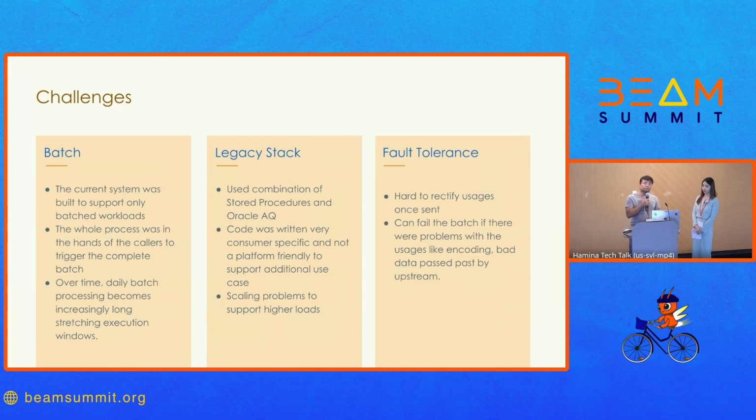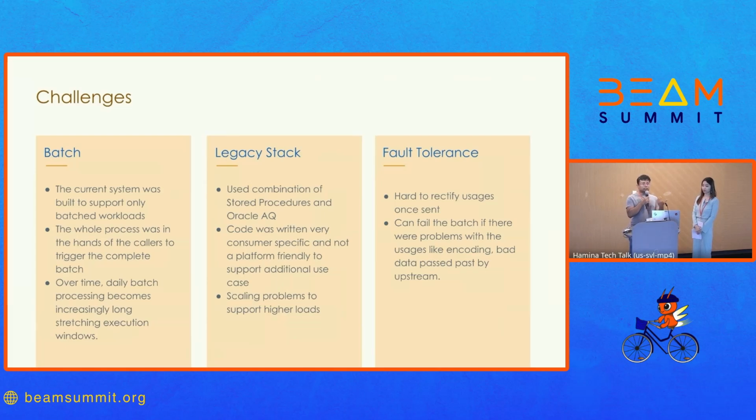This also had scaling problems. As I mentioned in the previous slide, some of these workloads take a long time to finish, and we want to scale our system as our growth needs increase. There is also fault tolerance missing in these systems, because usage billing cannot be treated as something you send and forget about.